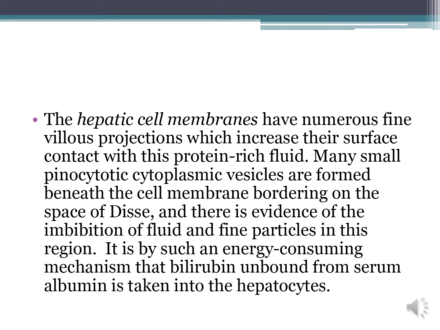Many small pinocytotic cytoplasmic vesicles are formed beneath the cell membrane bordering on the space of Disse, and there is evidence of the imbibition of fluid and fine particles in this region. It is by such an energy-consuming mechanism that bilirubin, unbound from serum albumin, is taken into the hepatocytes.